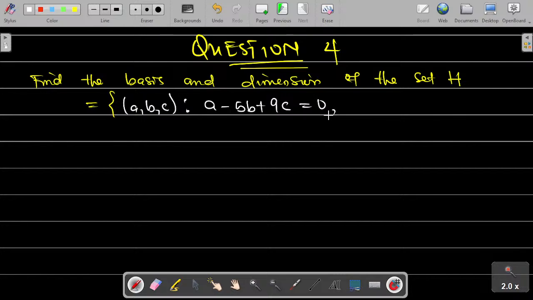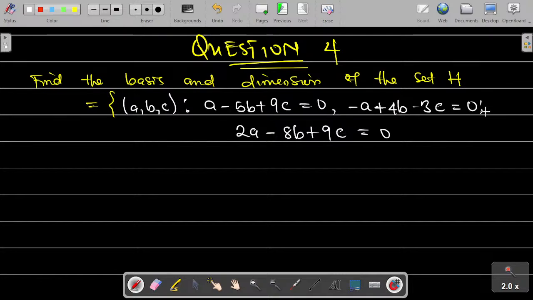And then 2, minus A plus 4B minus 3C is equal to 0. What else? That's not all. There's another one, which is 2A minus 8B plus 9C is equal to 0.